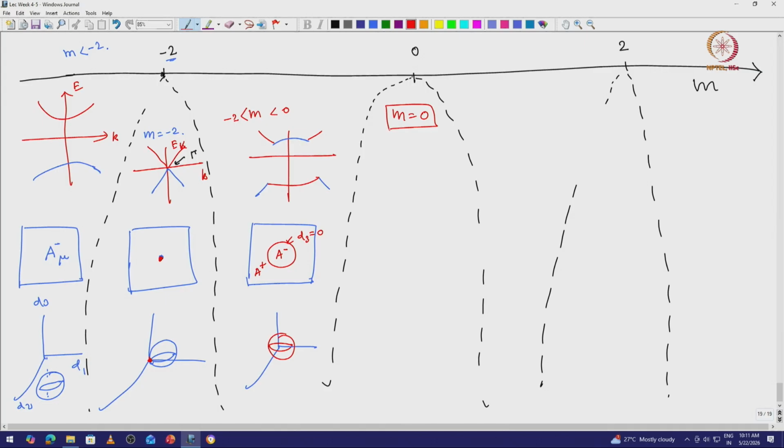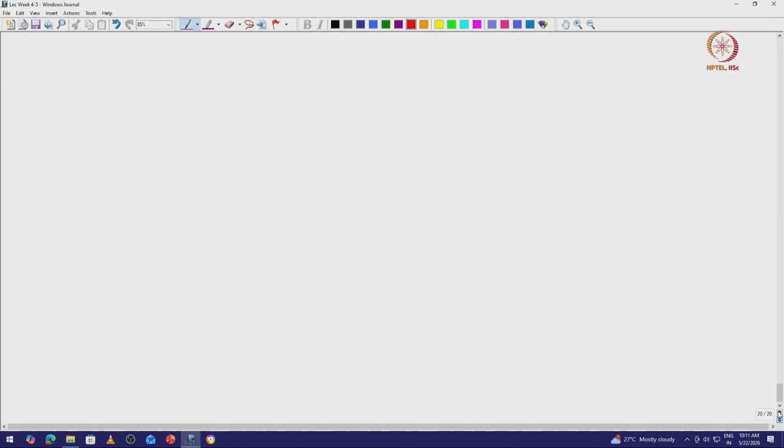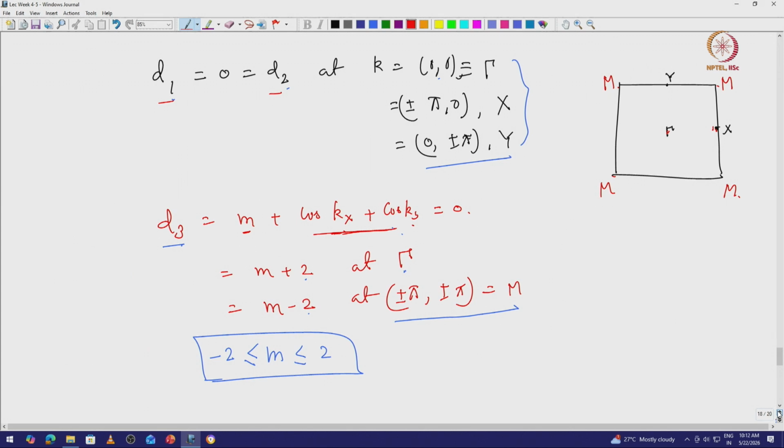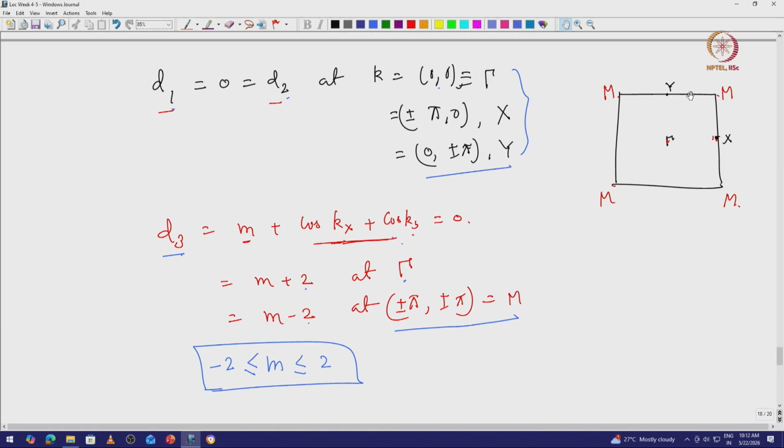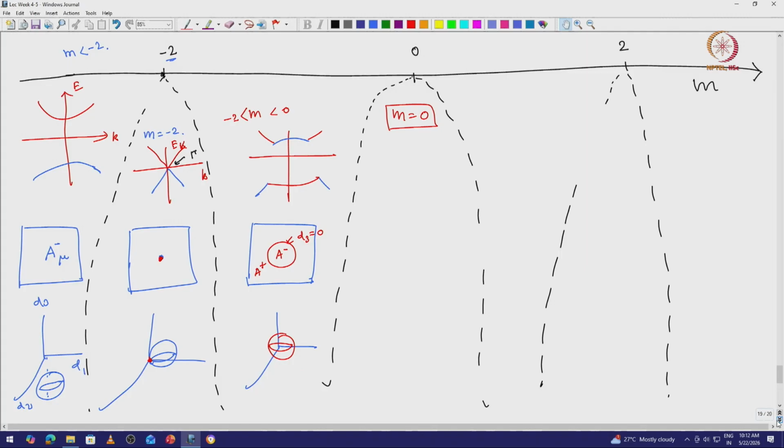what happens? When m equal to 0, when this is plus 1, this is minus 1, they vanish. So they vanish at this point, and in a contour.